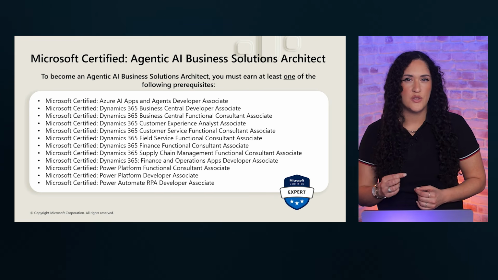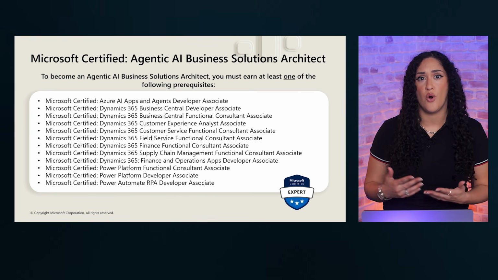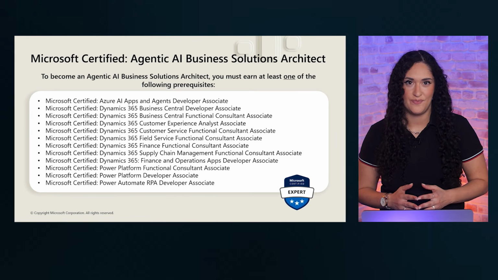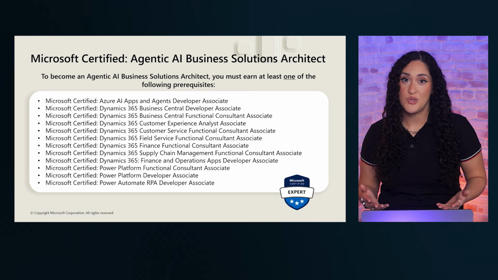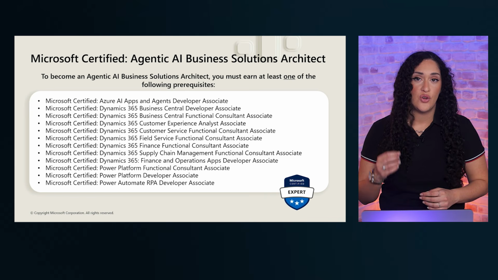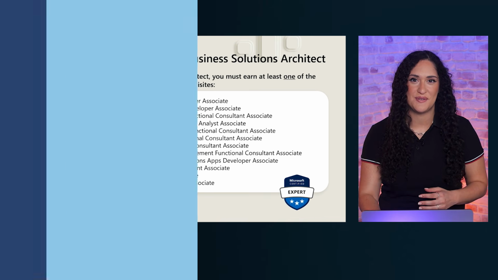And if your background is more on the Power Platform side, the Functional Consultant, Developer, or Power Automate RPA Developer certifications will get you there too. There's also the Azure AI Apps and Agents Developer Associate path for those of you with a strong AI and cloud foundation. Consult the certification page for the full list and details.